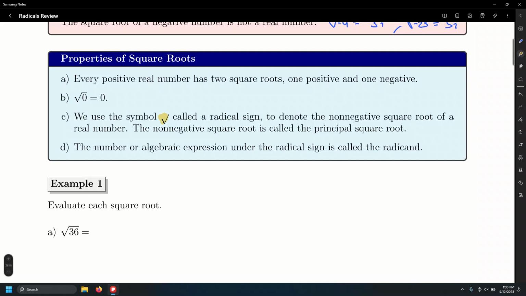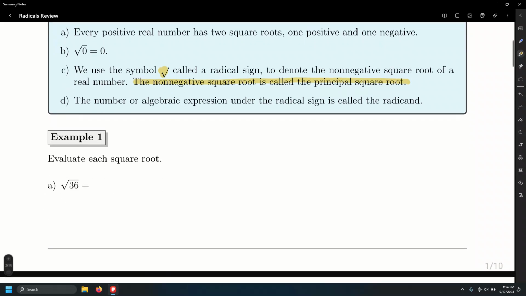The non-negative one is going to be considered the principal square root. Taking the square root of 49 gives us 7. However, there are really two numbers that if we square them, we get 49: not just 7, but also -7. Again, the positive one is the principal one.